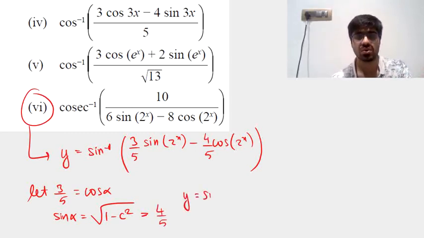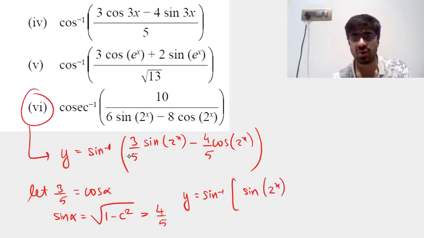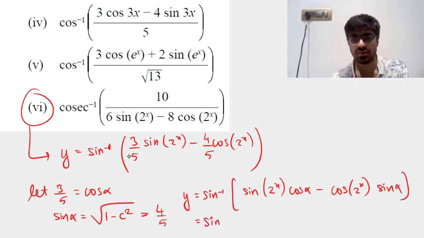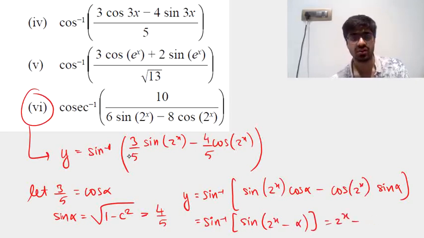So y will be equal to sine inverse of 3 by 5, that's cos alpha, into sine 2 power x. So I'll write it as sine 2 power x cos alpha minus cos 2 power x sine alpha. So this is sine inverse of sine A cos B minus cos A sine B, which is sine of A minus B. So this will be 2 power x minus alpha, and alpha will be obtained from here.